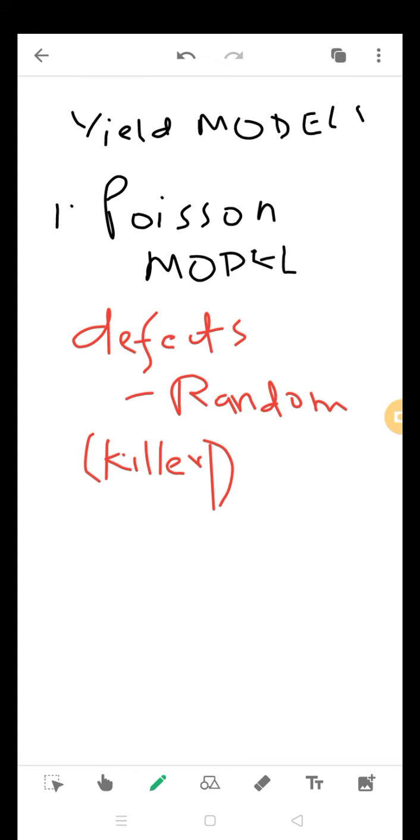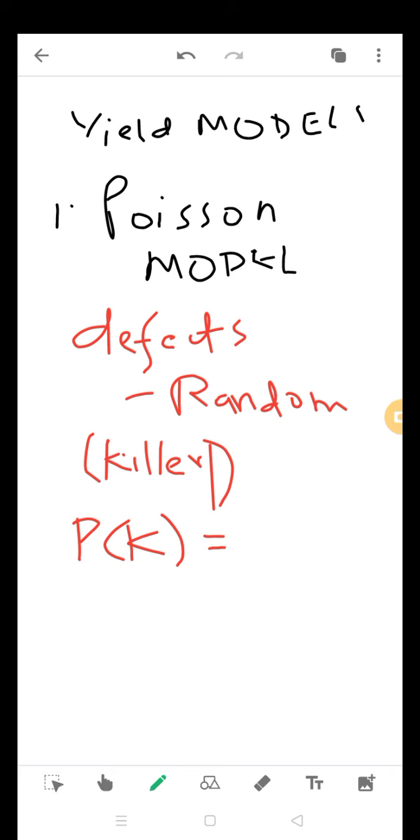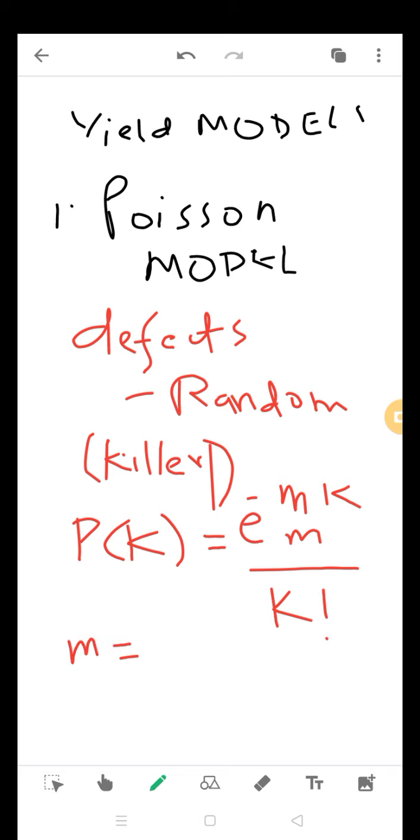Now, the probability of a chip having k number of defects is equal to e to the power minus m, m to the power k divided by k factorial, where m is equal to small n by capital N, where small n is the number of defects and capital N is the number of chips.